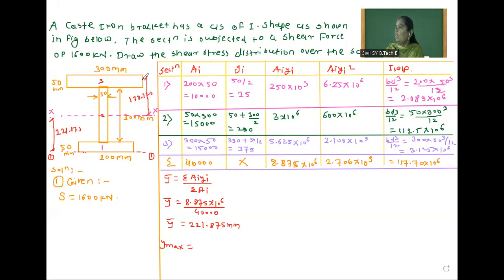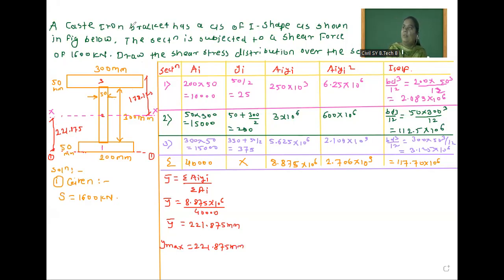So above the neutral axis the depth is 178.125 and below the neutral axis the depth is 221.875. So y max is 221.875 mm.